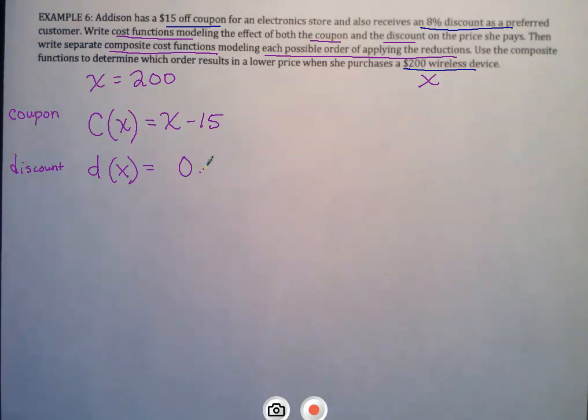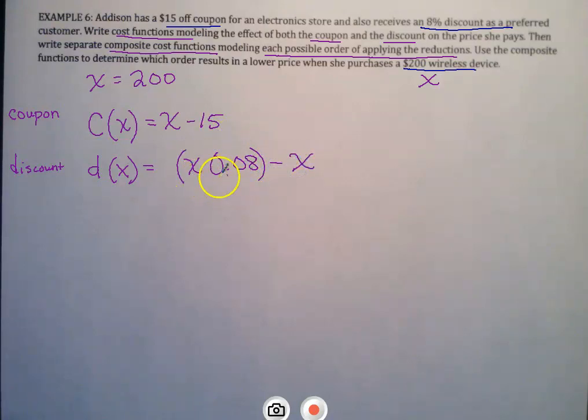Okay, so how are you going to write that in one equation? Oh, so it would be X minus... It'd be parentheses X times 0.08 plus parentheses minus X. Okay, so here's the thing.